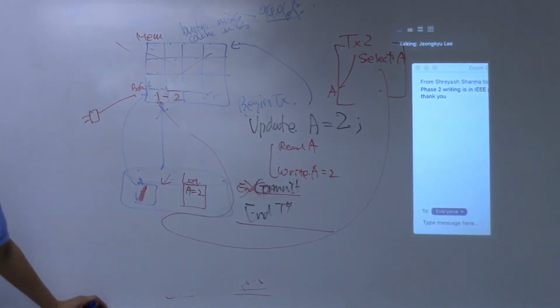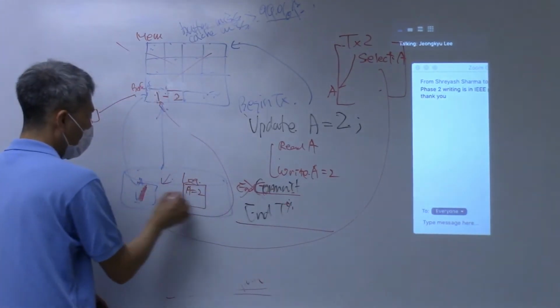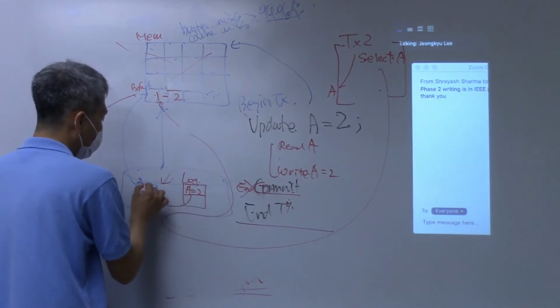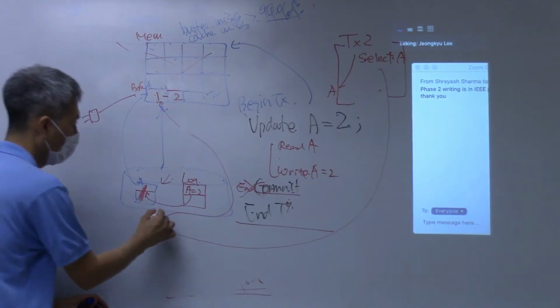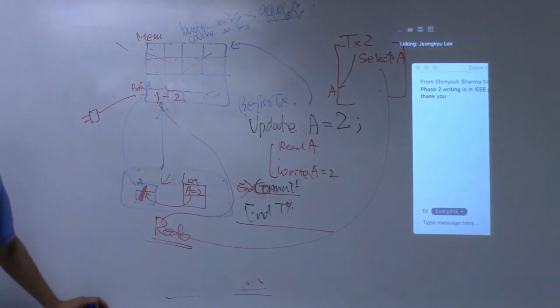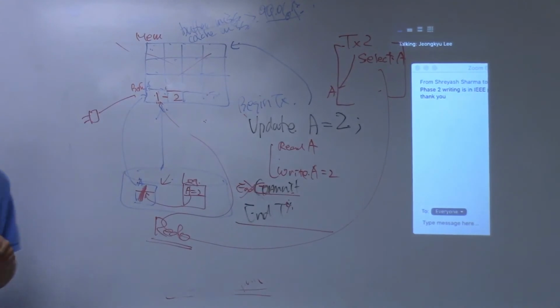It's always in the permanent storage. Later, when we start up the system, we need to check the log file. A is supposed to be 2, but it is 1. We need to redo the operation. So redo comes here.